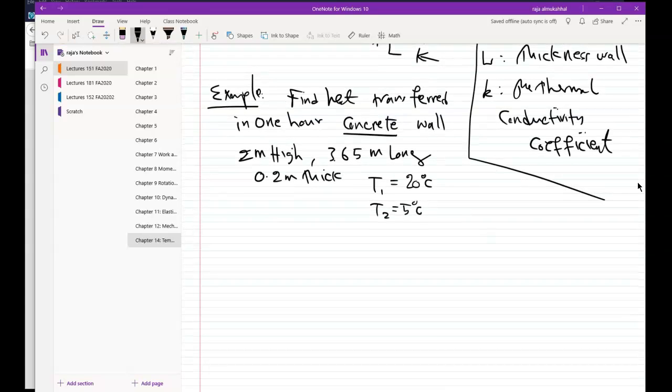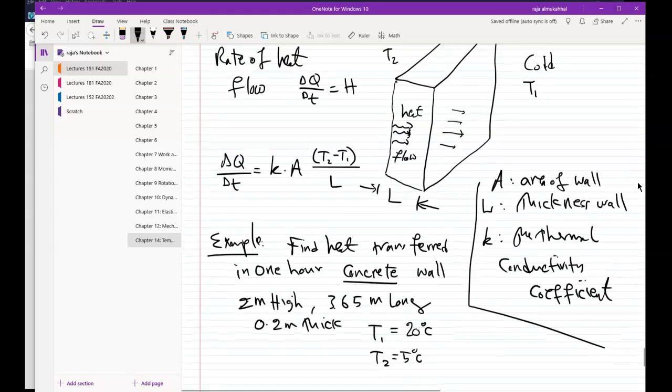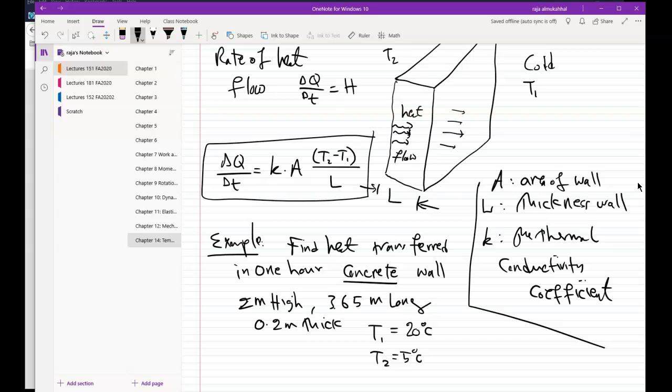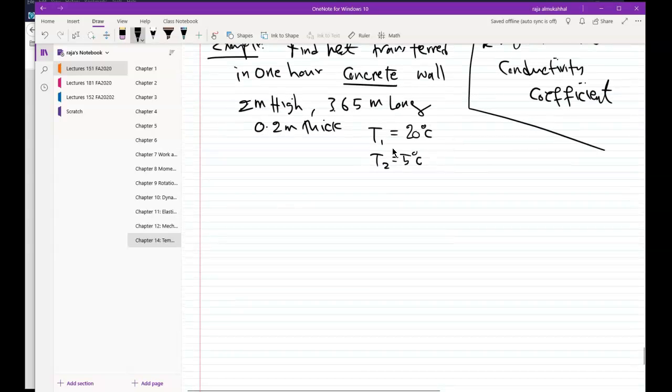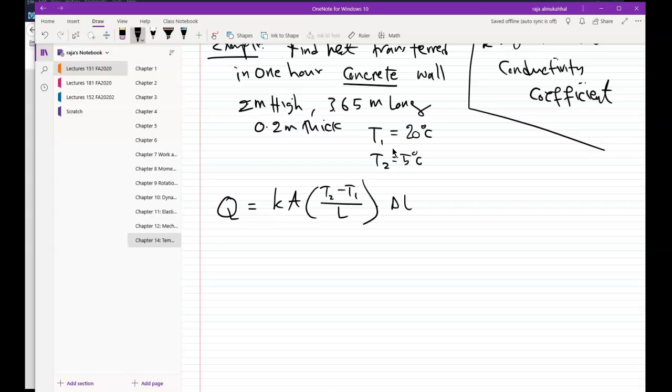All I need to do is take this formula, and because he wants the heat transfer, Q, and not the T, and the T is given to me, I can cross multiply. So Q equals K A (T2 minus T1) over L times delta T. Delta T is 1 hour, so that's 3,600 seconds.